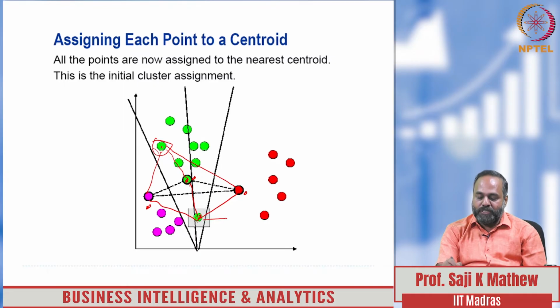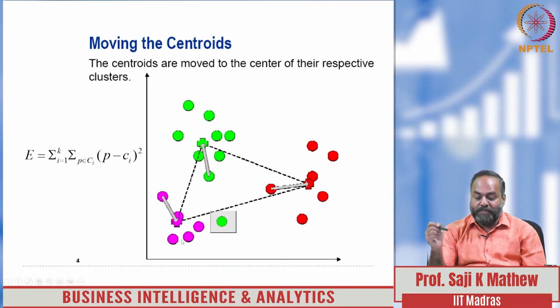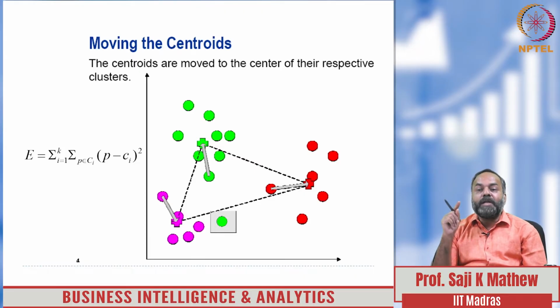So, this fellow got assigned to the green group, and not the magenta group, although visually you will see that this guy belongs here. Now, the next step is, these assignments are done in the first step. Second, you calculate the centroids of each group.